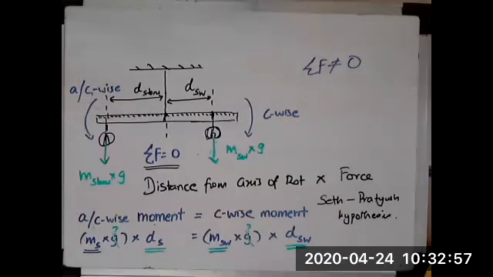Yeah, no clockwise moment. The unknown is saying no moment, but you should be more specific. There will be no clockwise moment. There will be anti-clockwise moment, and therefore the object will rotate in the anti-clockwise direction.